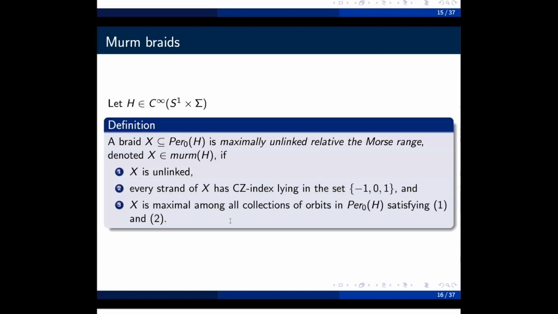Are you asking, is there an elementary way to see that you always have something with Conley-Zender index in the range -1 to 1? I guess Floer theory is the way. Maybe you could probably get something by looking at a hyperbolic orbit, perhaps. Probably, if you get index 0 or something.